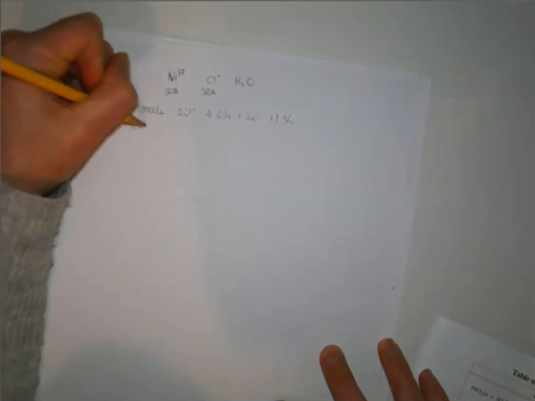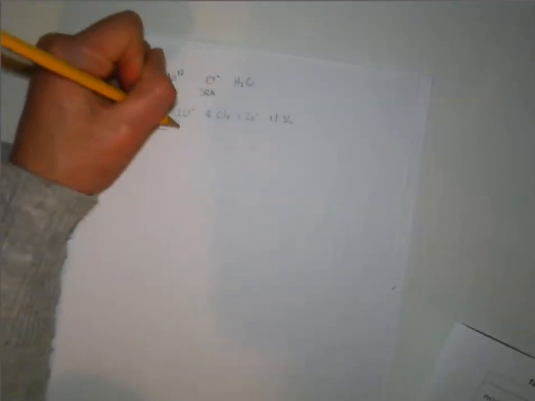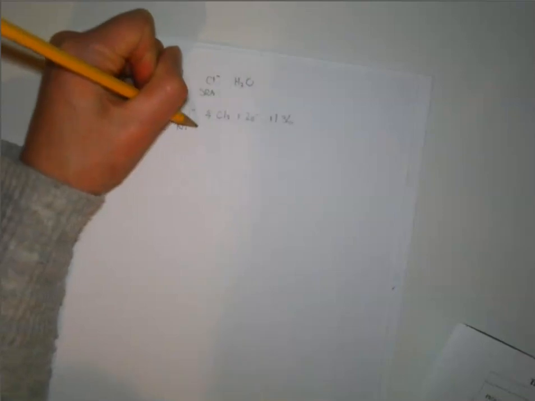Then at our cathode, we have our SOA, so we want to write the reduction half reaction there, which is nickel 2+ plus 2 electrons forming solid nickel. I didn't worry about the states in here.